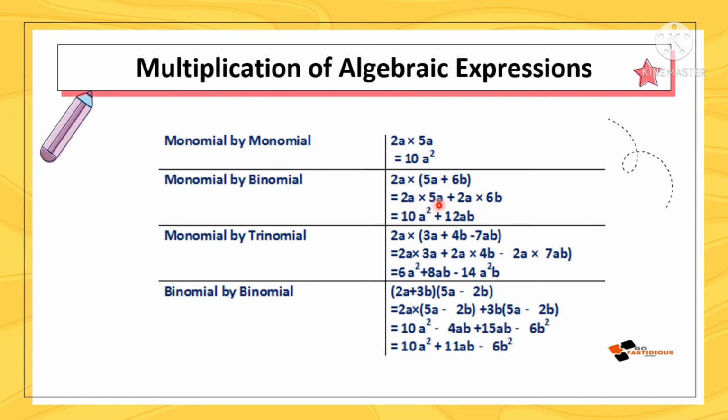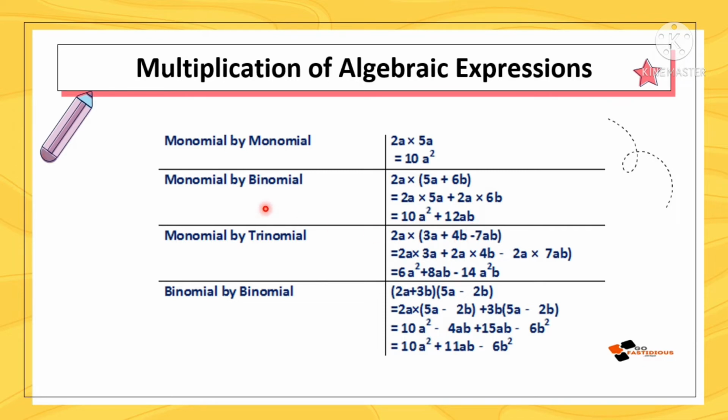Then numbers by the numbers and variables by the variables. So 2 into 5, 10, a into a. Since we have 2a, so a raised to the power 2. In this case 2 into 6, 12. a and b are two different variables, so we will write ab as it is. So our answer is 10a square plus 12ab.